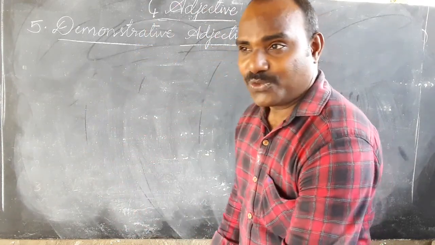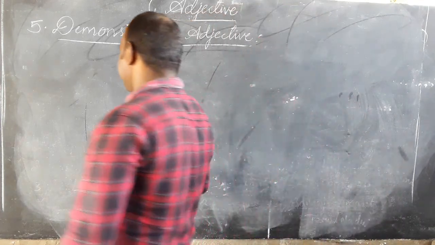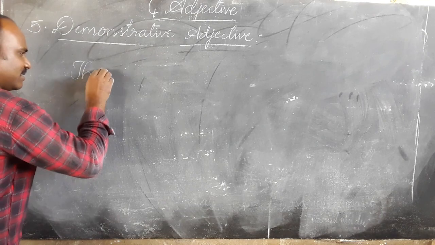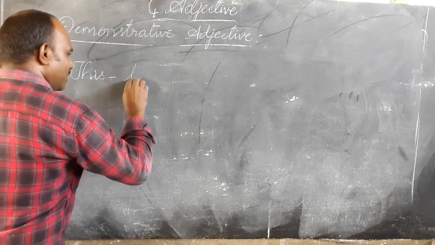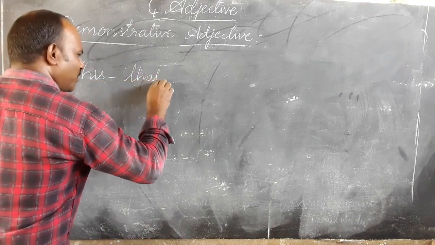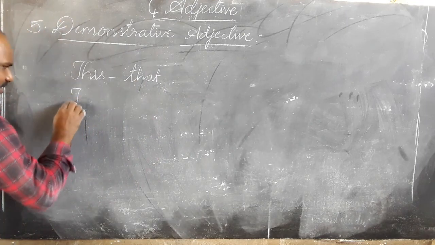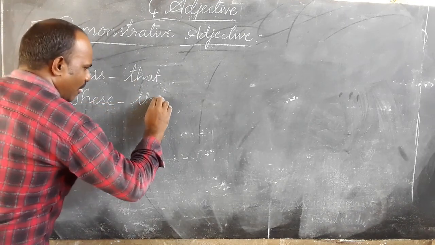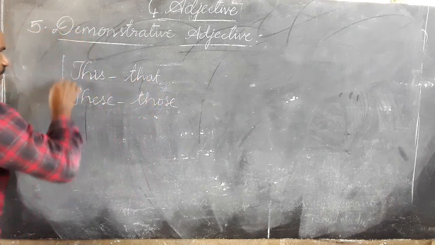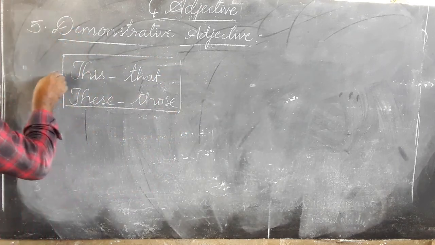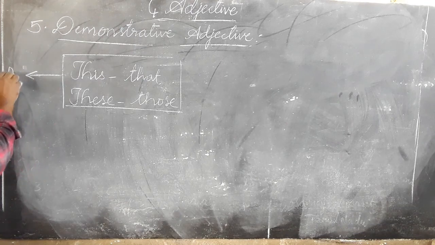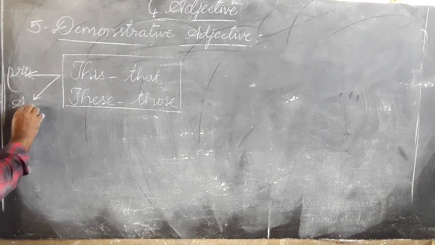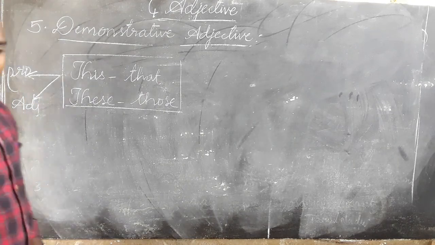Here, the same 4 words. What are they? This, that, these, and those. These 4 words can be pronouns, can also be adjectives.